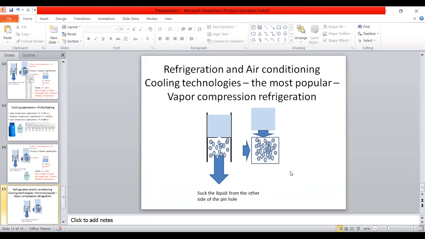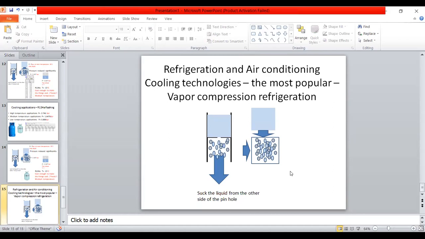Okay, that's why. And if you don't have this knowledge, you cannot understand what is physically and technologically taking place in these cooling technologies.